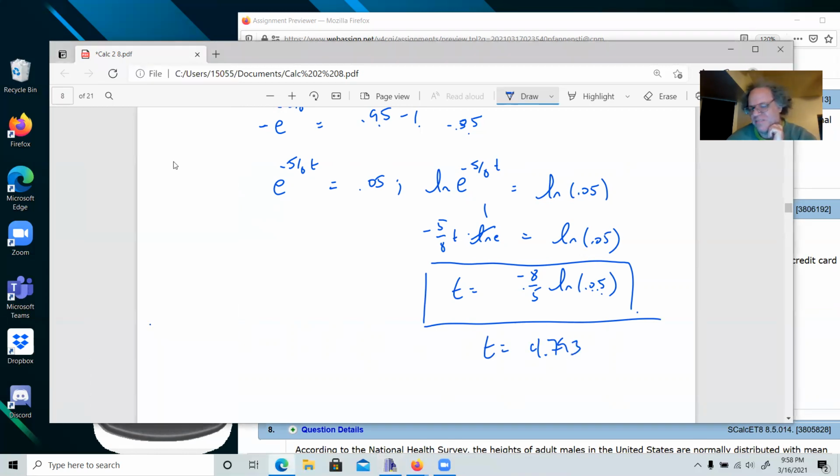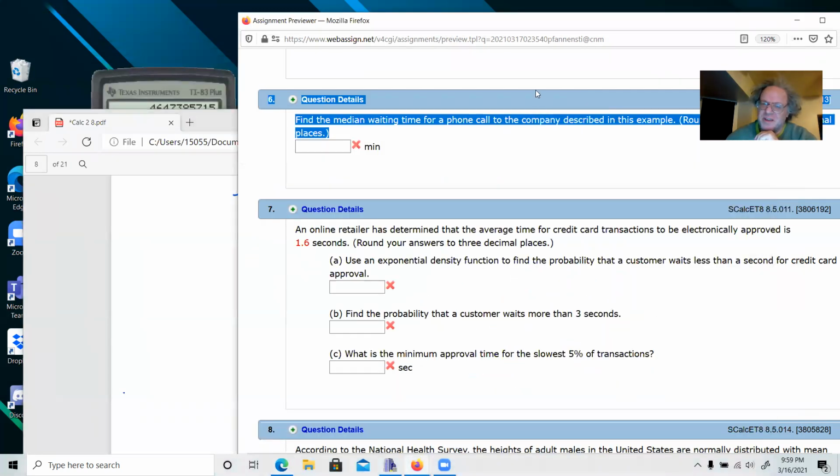I know it says negative, but I didn't put this one in, and this one came with it, so I know we're positive. All right, so there we go. That's the lowest, right? The people that are waiting the longest, that last 5% of people, it is about 4.8 seconds. Okay, internet time. That's an eternity. All right. I don't want that.